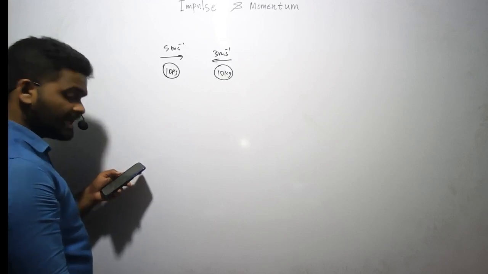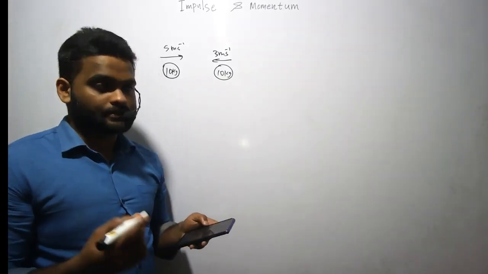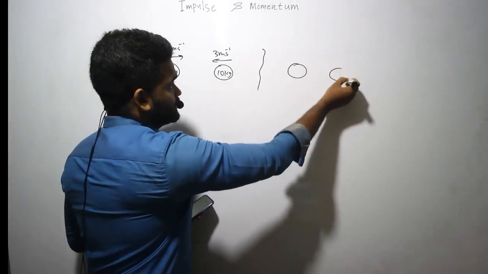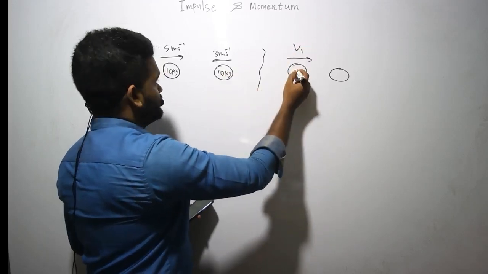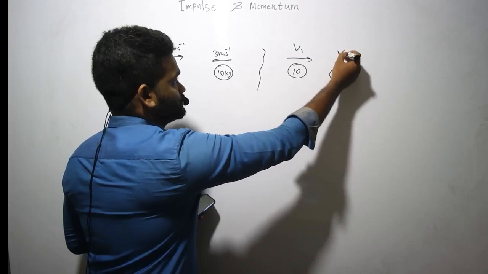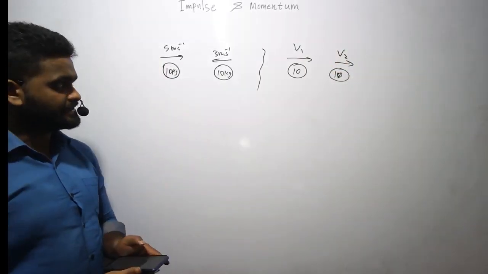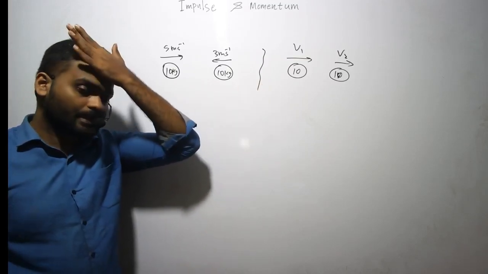If the collision is elastic, find the speeds of the spheres after collision. Let's say after collision, this gets v1 and this gets v2, these velocities. And they say it is a perfectly elastic collision as well. Okay?